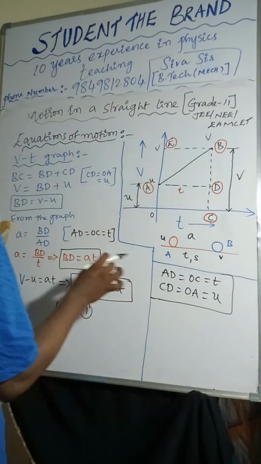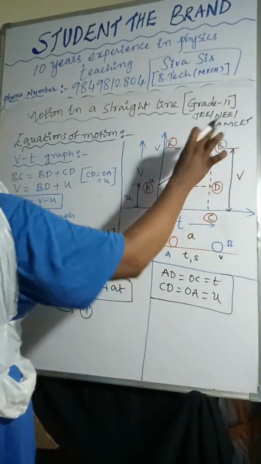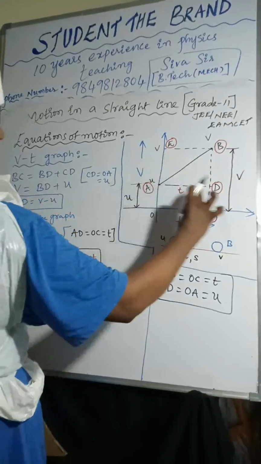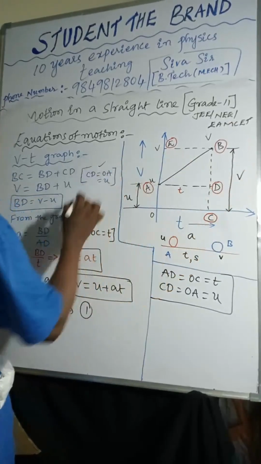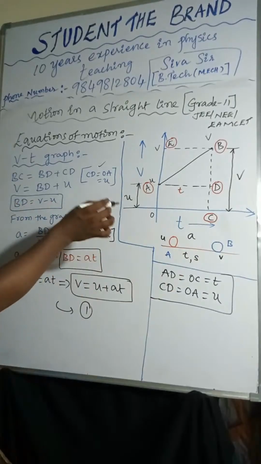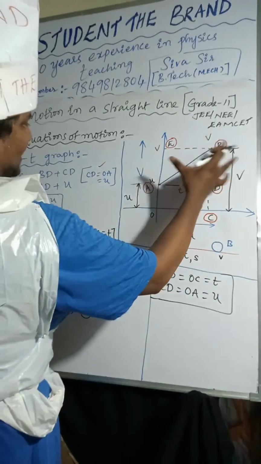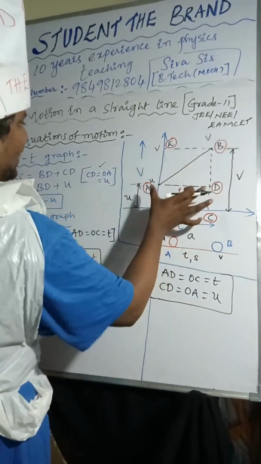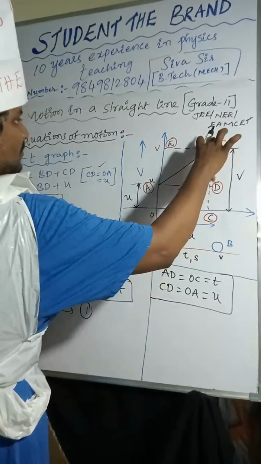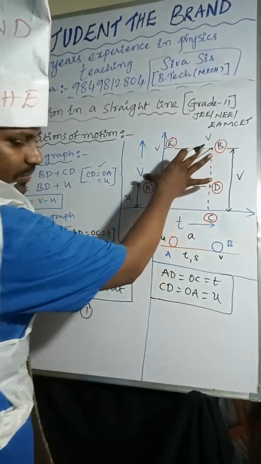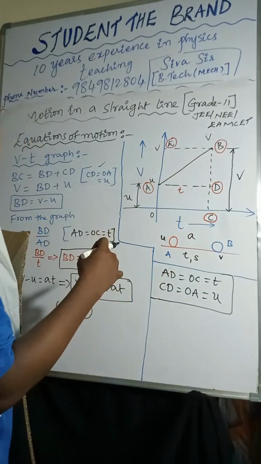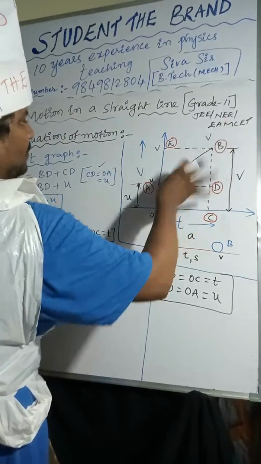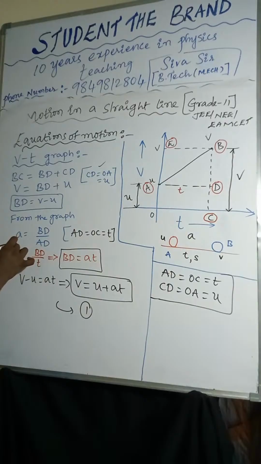Now we are considering BC equal to BD plus CD, where BC is the final velocity and CD is the initial velocity. Then BD equal to V minus U. From the graph, the slope of AB is nothing but BD by AD, and that is acceleration.